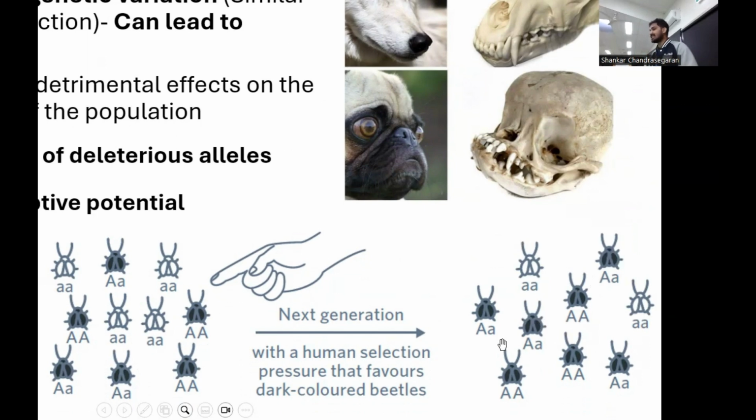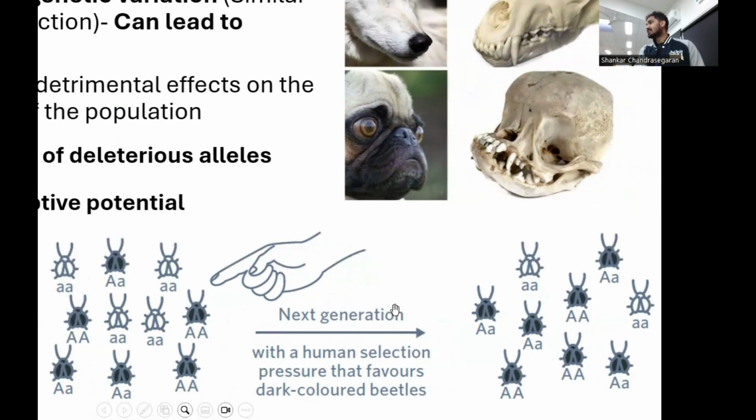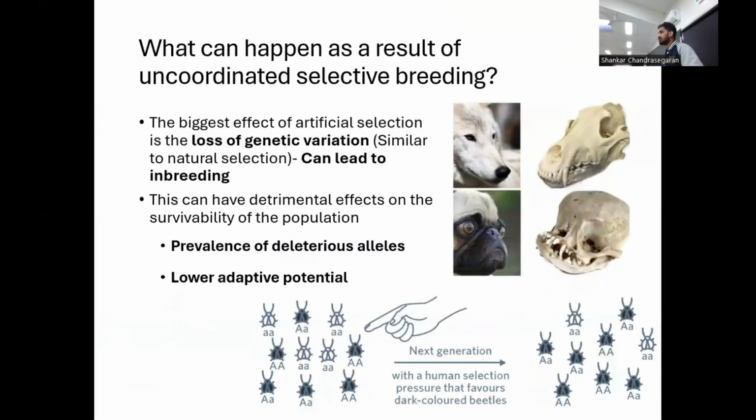So for now, let's see here, right? With humans, selection pressure that favors dark colored beetles, you can see how many dark colored beetles start to emerge after one generation. So you can imagine, after many generations, the only beetles that might exist are the dark colored beetles, which means that genetic variation as a whole would be lowering. And why is that an issue?